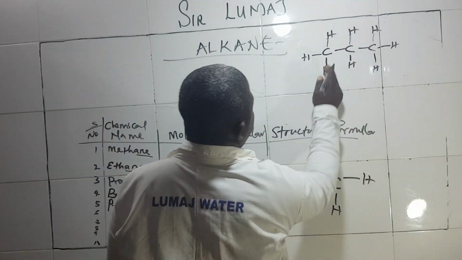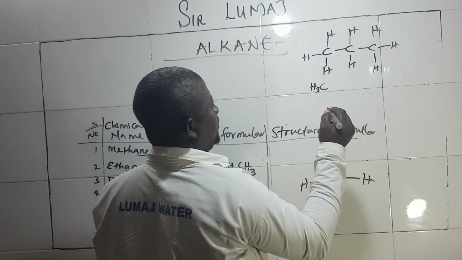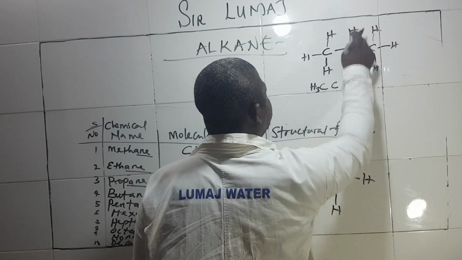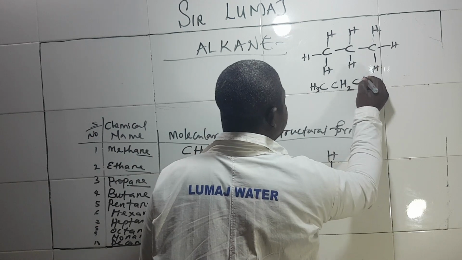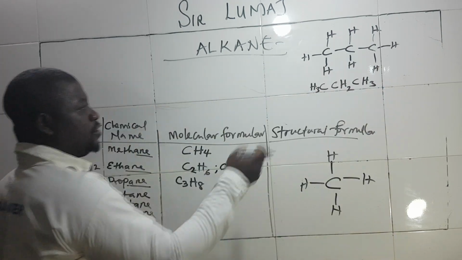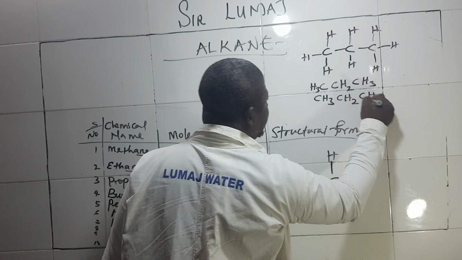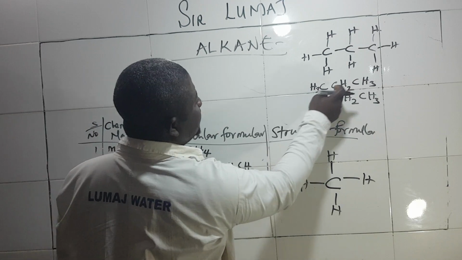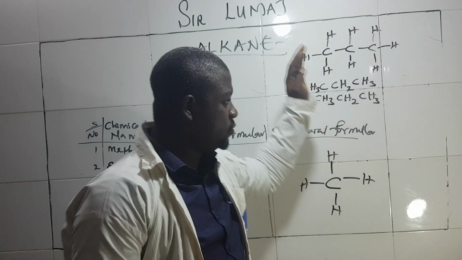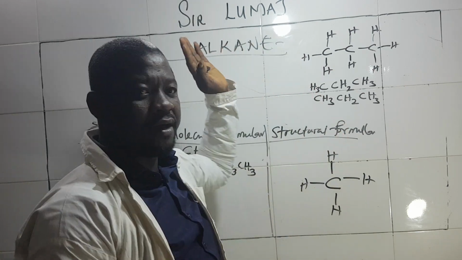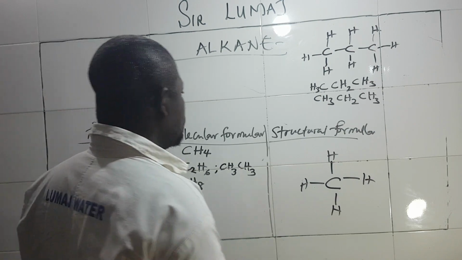You can also write it this way. This is carbon, H3C, then CH having how many hydrogen atoms? 2. Then you have CH3. So in some textbooks, they can write CH3CH2CH3. In other textbooks, they can write H3C, CH2, CH3. It is still the same thing, provided your number of carbons and hydrogens obeys the CnH2n+2 molecular formula.